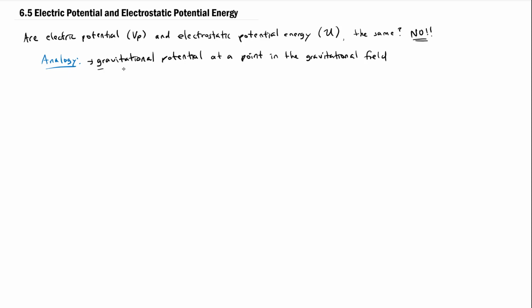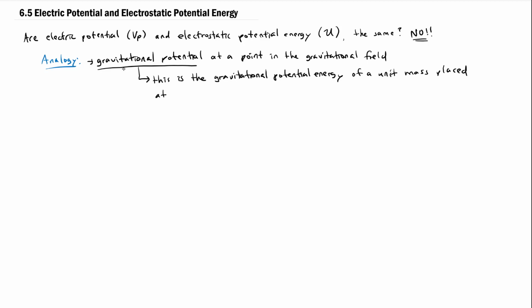And that gravitational potential is the gravitational potential energy of a unit mass placed at that point.